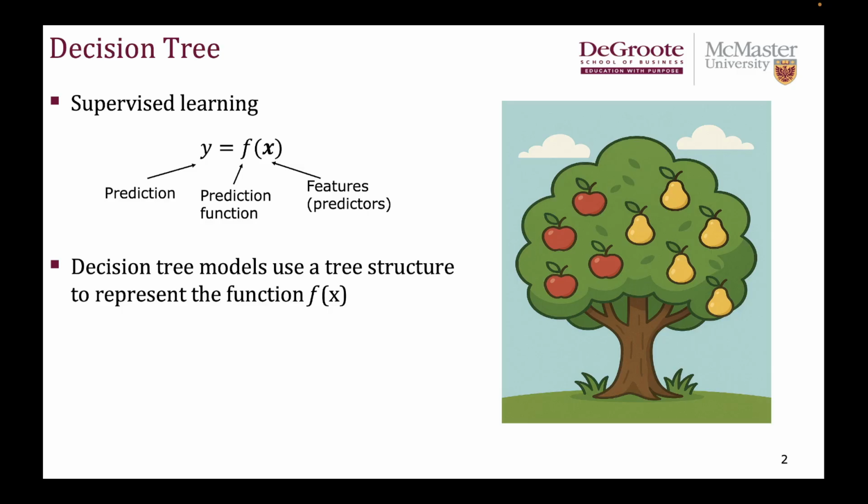As we know, any supervised learning essentially tries to establish a relationship between features and the target variable, something you want to predict, right? So whether or not a customer is going to make a purchase, and whether or not a patient is going to show up.